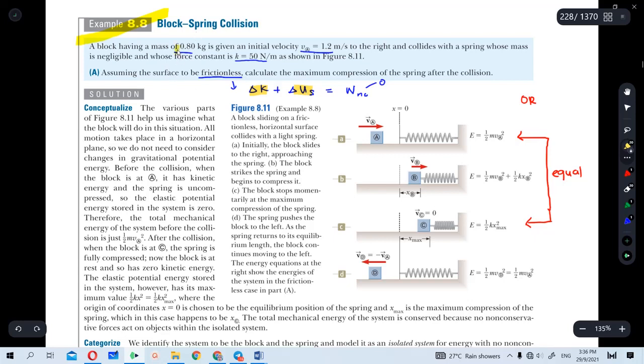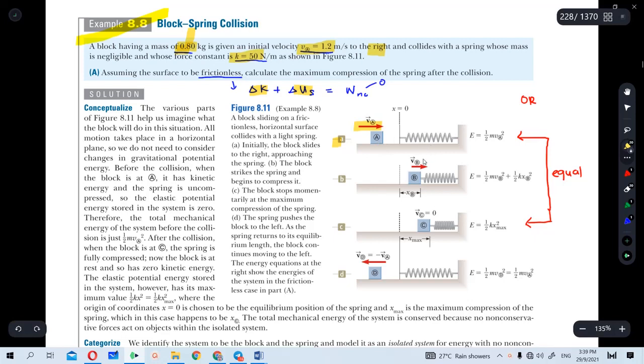The scenario is that the mass of the block is 0.8 kilogram, and it is pushed to the right with a speed of 1.2 meter per second, or velocity, so therefore a positive velocity. It then collides with a spring whose mass is negligible, and the spring constant is 50 Newton per meter. As shown in the figure below, in the case of picture A, the block has kinetic energy.